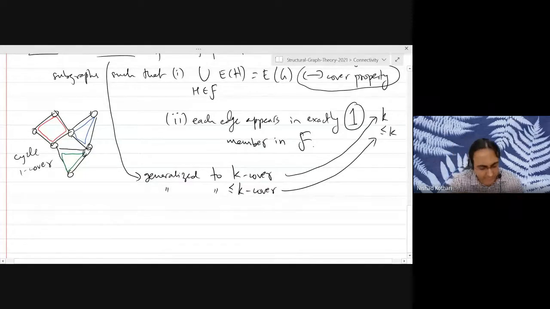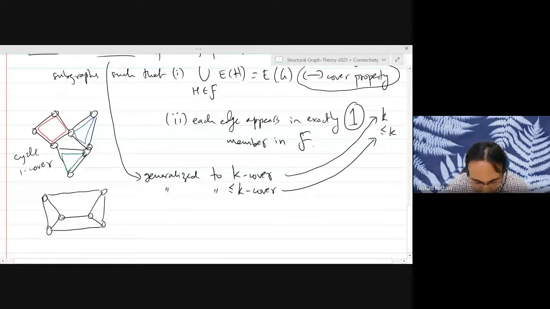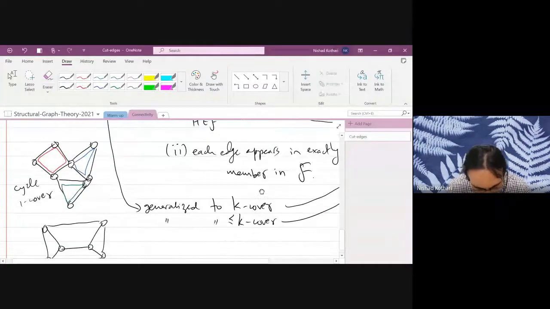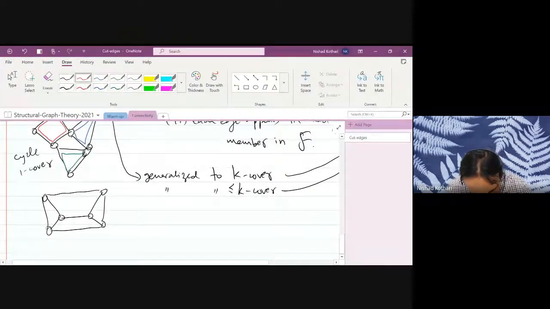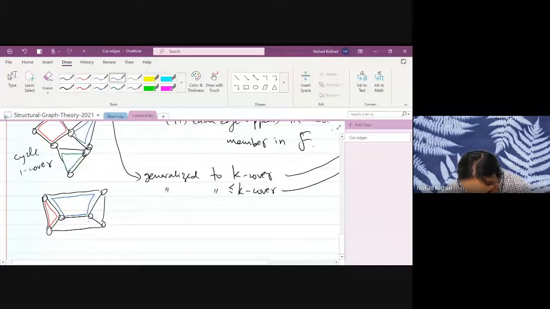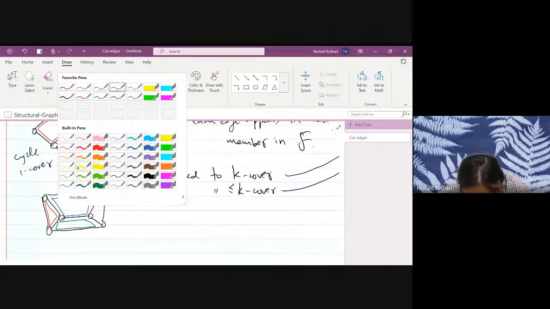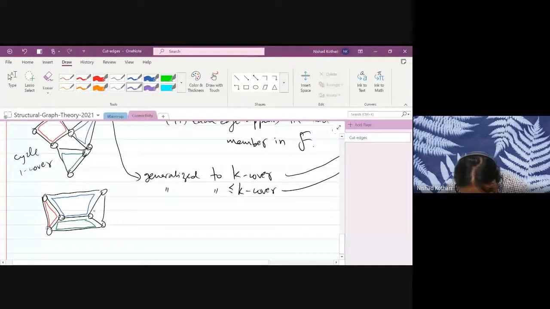So just to give you a quick example, if you take this graph and you consider the cycles that I'm drawing now, take this to be the red cycle, this the blue cycle, this the green cycle, and let's use one more color, maybe orange or purple, right?